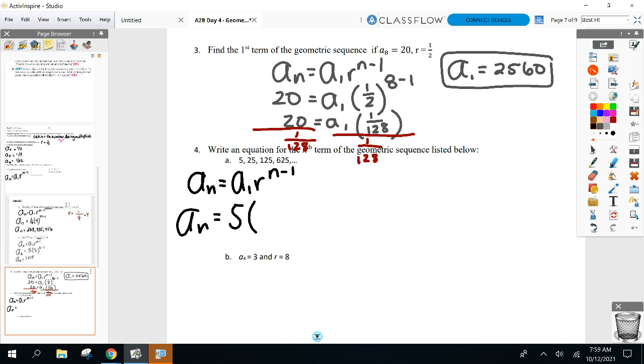Okay, R value, Zach and I just discussed the method. You can take any term in the sequence that's not the first, divided by the previous, and that'll give you what the R value is. So the R value here is 5, raised to the N minus 1.